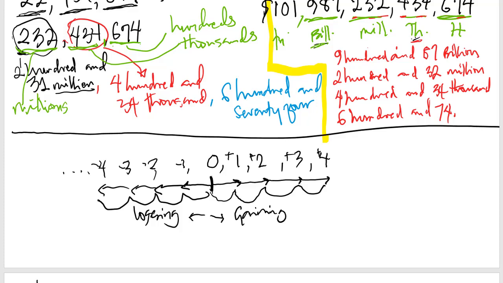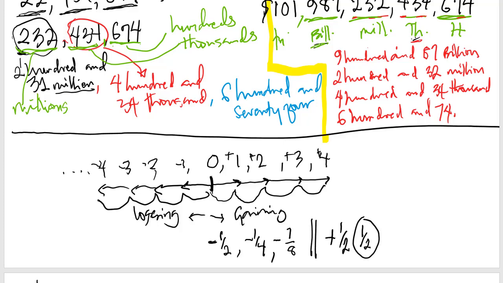For negative fractions, you can have something like minus 1 over 2, or minus 1 over 4, or minus 7 over 8. So you can also have plus 1 over 2, which can also be written as just simply 1 over 2. You can have plus 7 over 8, the same thing as 7 over 8. So whenever you see a number written like 4, 7 over 8, there's an invisible plus in front of it.